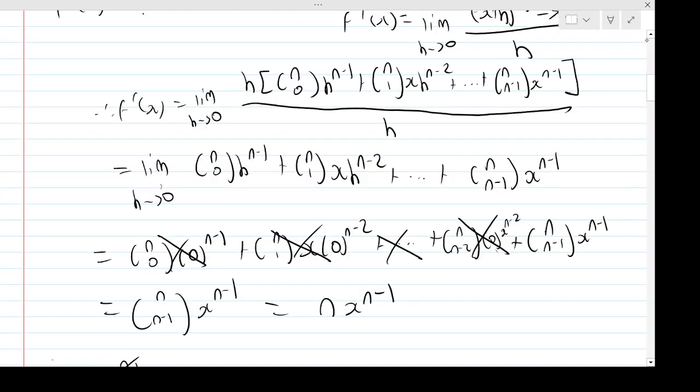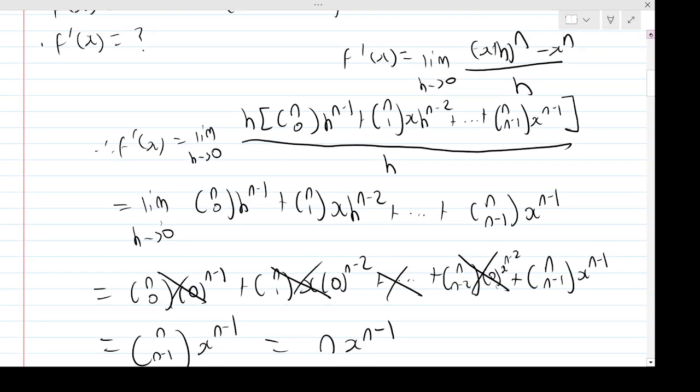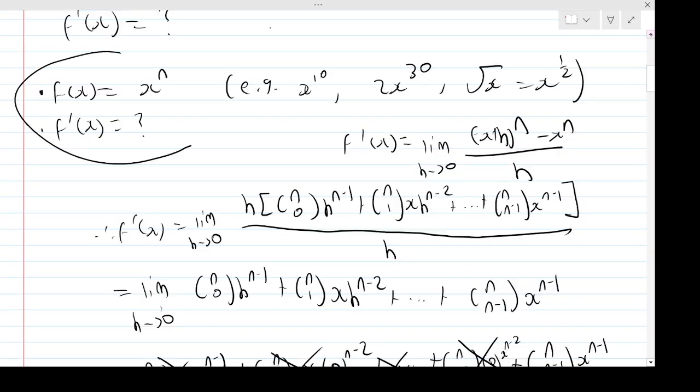So therefore the derivative of x to the n is going to be n x to the n minus 1. So effectively, when we have x to the power of n, the rule to differentiate it, to find the gradient, is that we do the power n times by x and then knock 1 off the power. Okay?